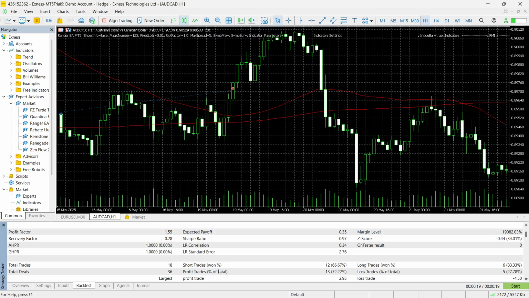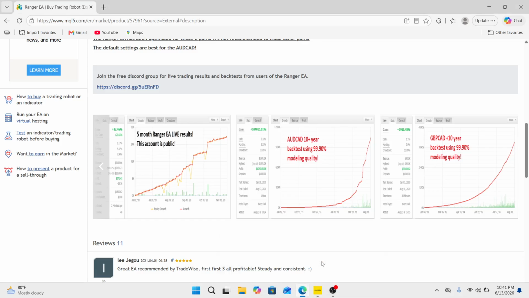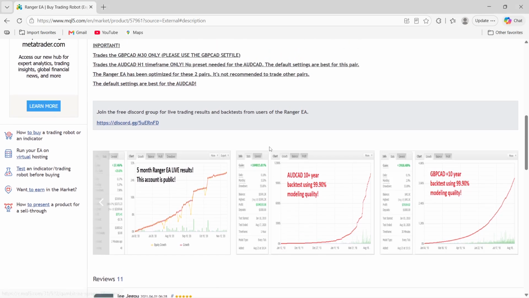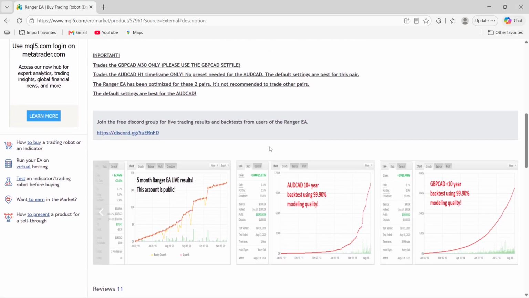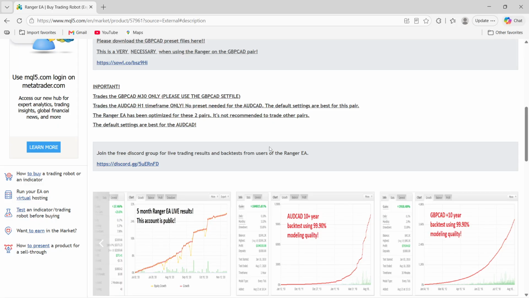In ranging markets on GBPCAD and AUDCAD, it can do well, but strong trends or news events can stack positions against you quickly. Okay, expect higher drawdowns in live trading due to spreads, slippage, and real execution. It's broker dependent. Low spread ECN is basically required. Curve fitting risk is there since it's heavily tuned to two pairs over long history.